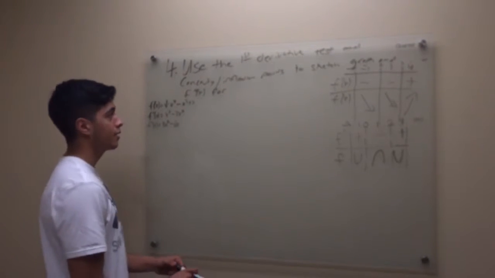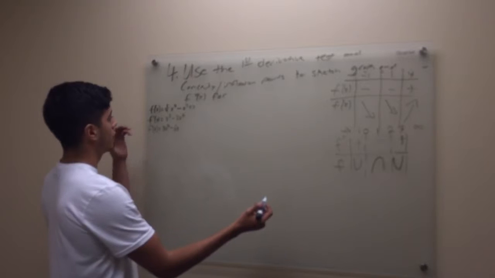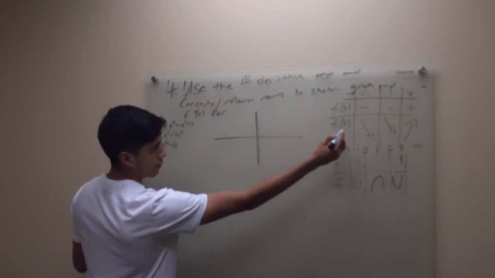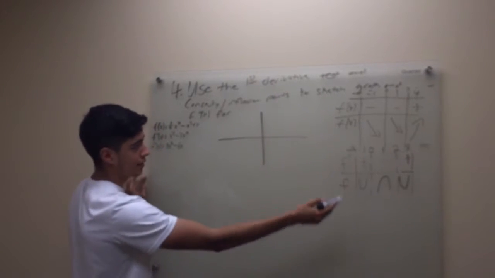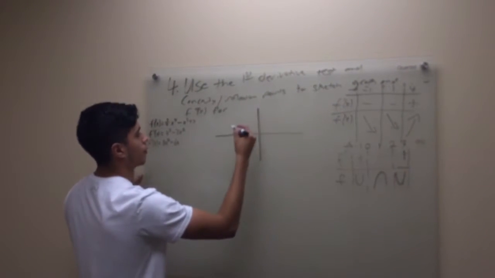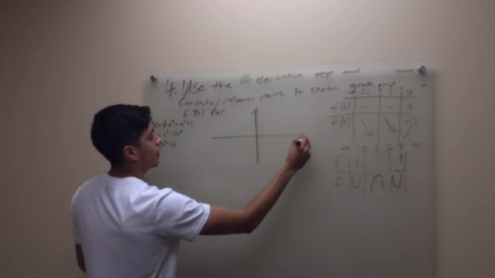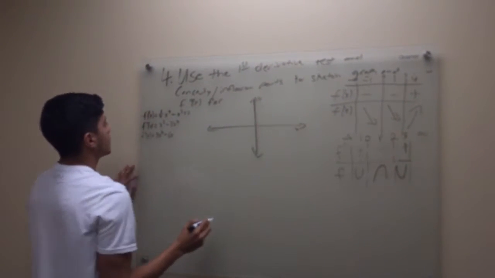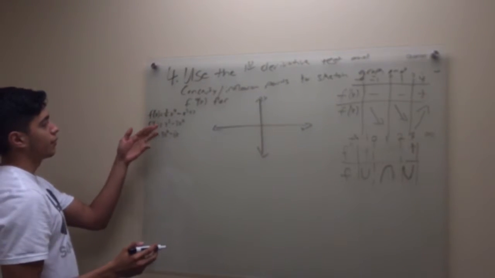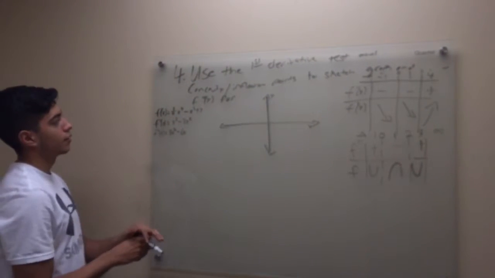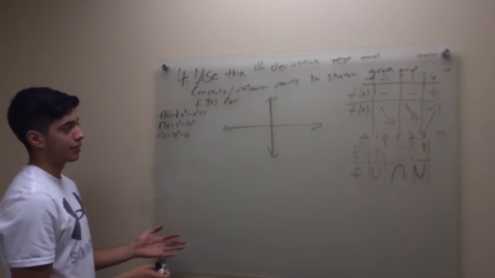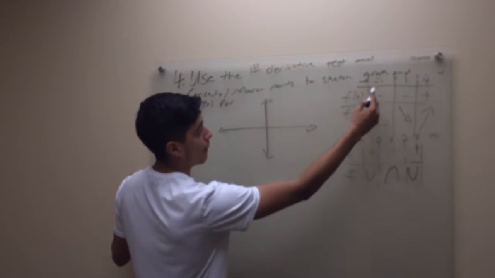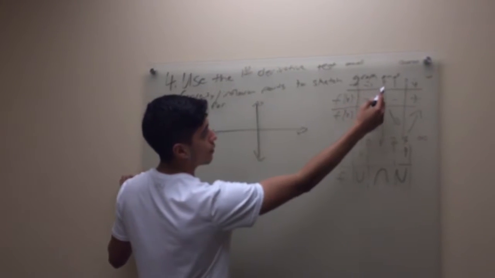Alright class, look up please. Now we're going to be graphing the original function, using the first and second derivative tests that helped us with what we're about to do. So the original function is 1/4 x to the power of 4 minus x cubed plus 7. From the first derivative test, we know that from negative infinity to 0, it's going to be decreasing.